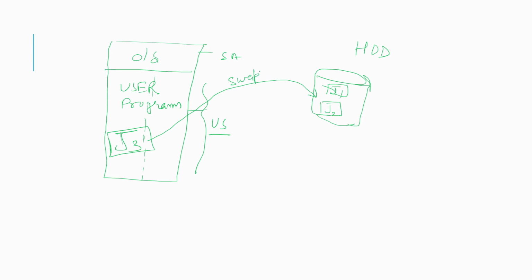One program we swap out, and then J2 is brought in, which we call swap in. Now we have swapped in one program into the main memory, so J2 comes here and J3 goes out. Like this, multiple programs we can run.